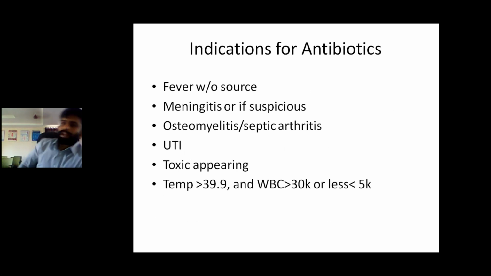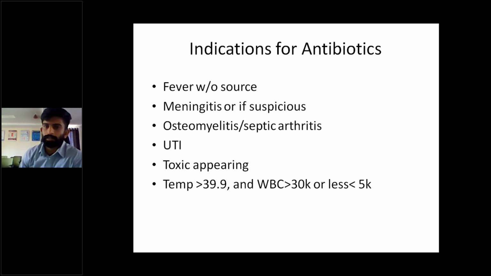And when do you require antibiotics? You don't have to give antibiotics in every single child or patient with sickle cell anemia. If you suspect an infection and there is no source, you have to give an antibiotic because it's empirical therapy. If you suspect meningitis, you have to give antibiotics because meningitis has high morbidity and mortality.